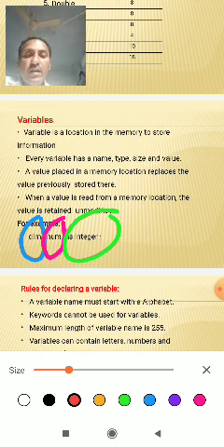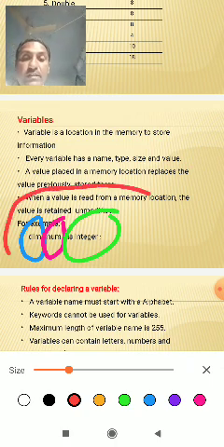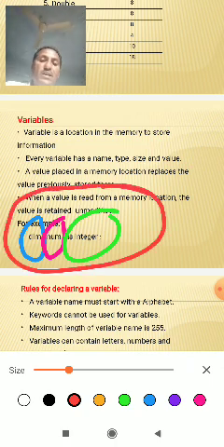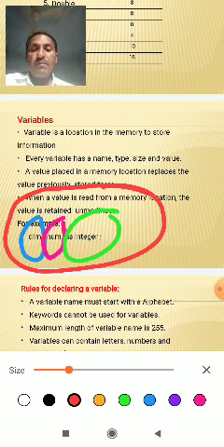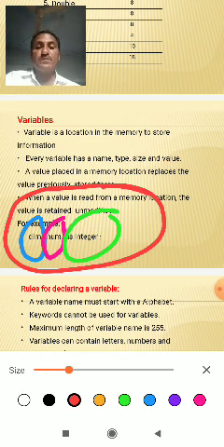Let's take an example. These are statements. Dim is dimensions, at the starting of this program. Dim is a keyword, a Visual Basic keyword.